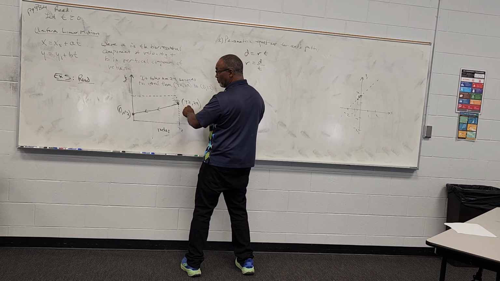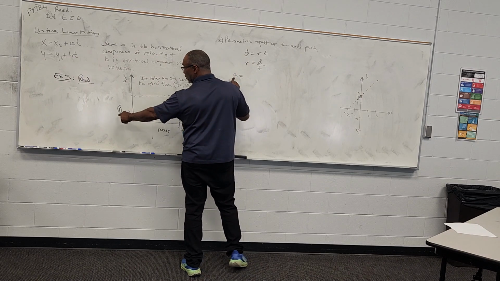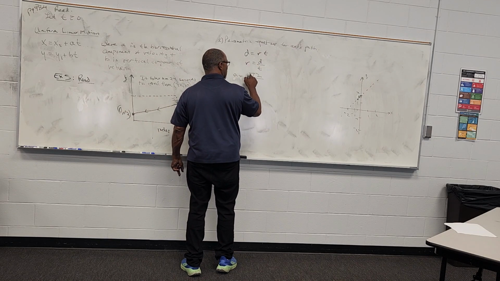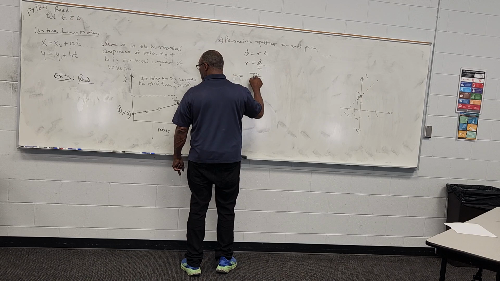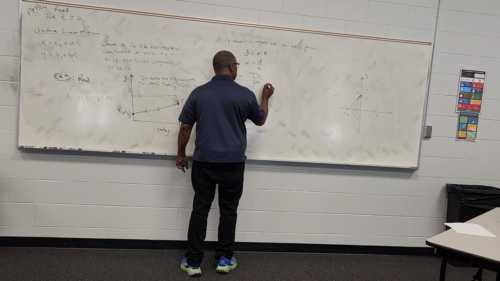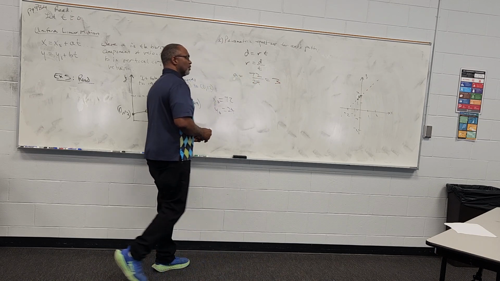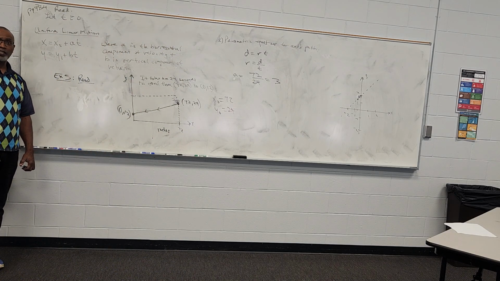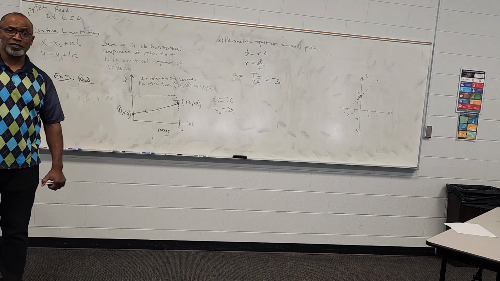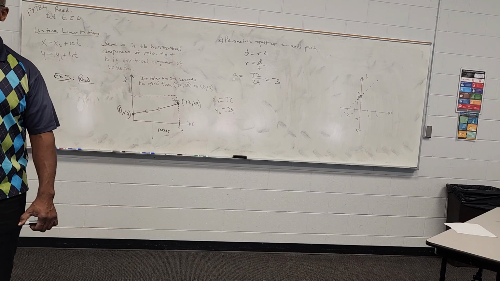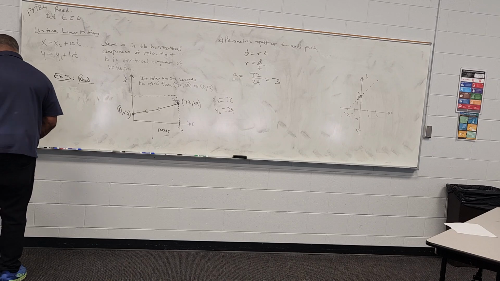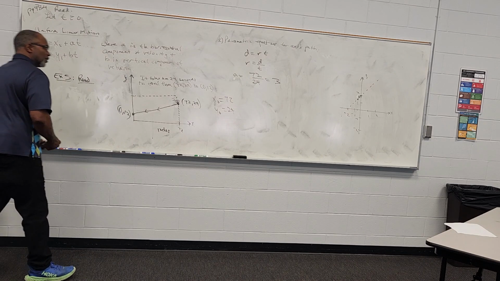He went from X equals 72 to X equals 0, so the distance is 72. He went 72 inches, and the time was 24. So his horizontal speed was 3 inches per second. That's A.